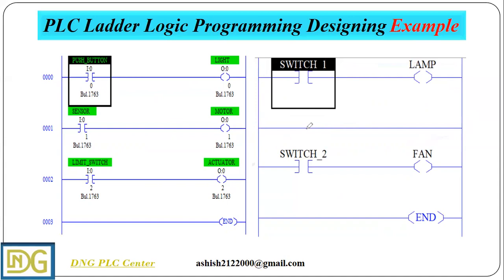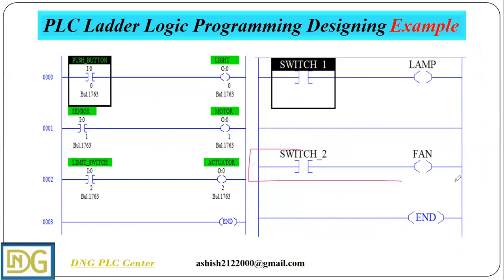It is not acceptable to the PLC, because this rung has no instructions for controlling the process. So when you download this program to the PLC, you will see the error.